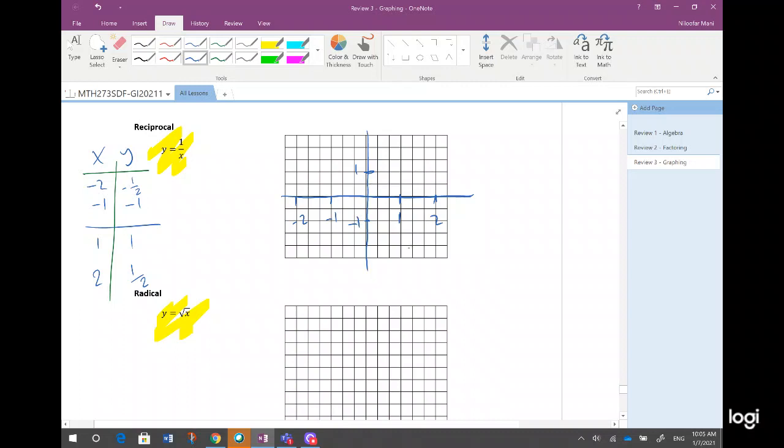So 1 and 1, 2 and half here, and here minus 1, minus 1, and minus 2. So this one and this one.